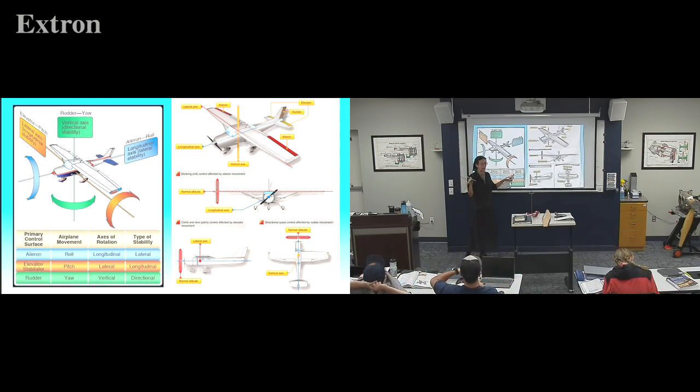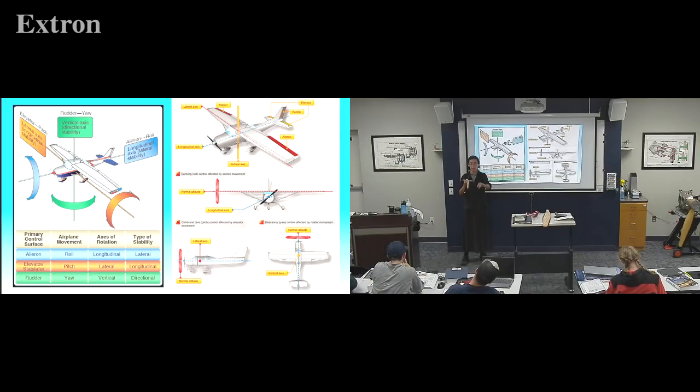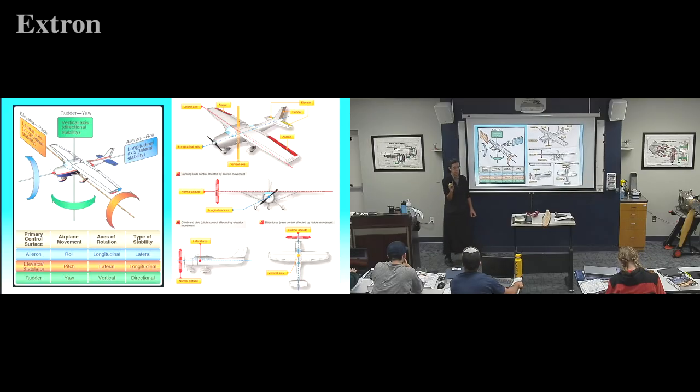So if you think kind of opposite, around the longitudinal axis, I am laterally stable, or not stable. Then, kind of the opposite, my elevator, you should go back here, oh, he only has one, is going to control my pitch.